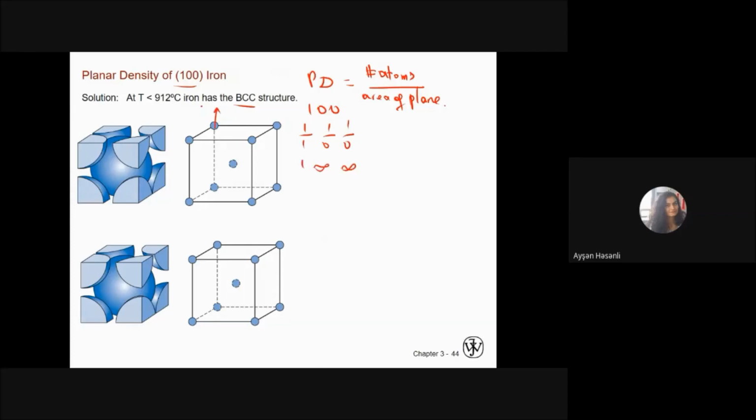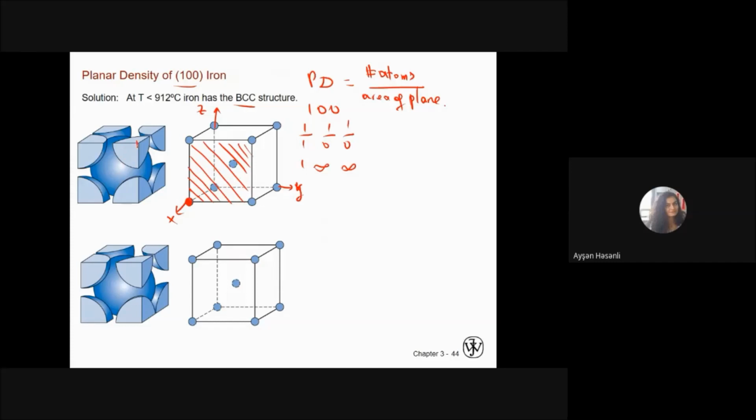Choose axis system. Let's take y and x. This plane should intersect x-axis at 1 and be parallel to y and z. It will be this front face of the unit cell.